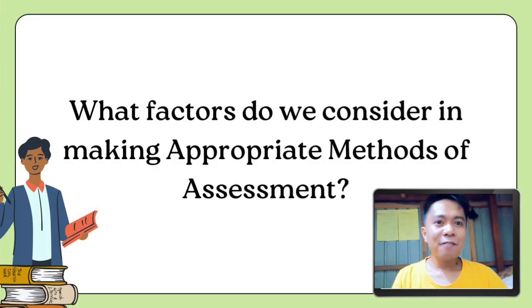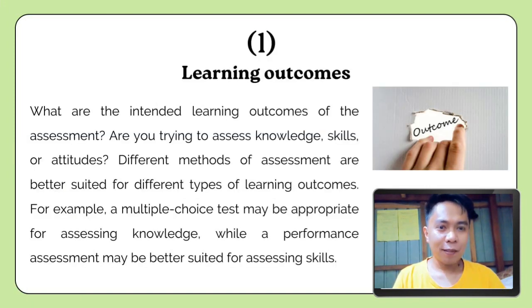What are the factors that we consider in making appropriate methods of assessment? First is the learning outcomes. Ask yourselves, what are the intended learning outcomes of the assessment? Are you trying to assess knowledge, skills, or attitudes?